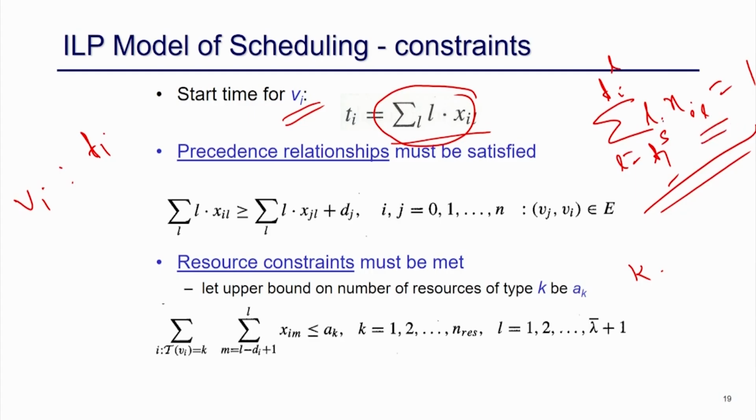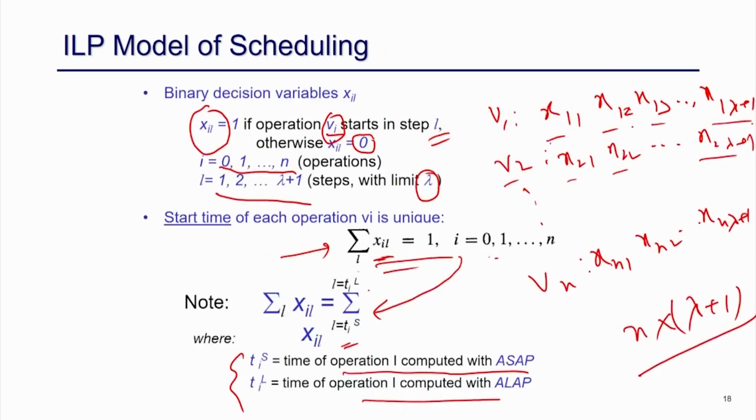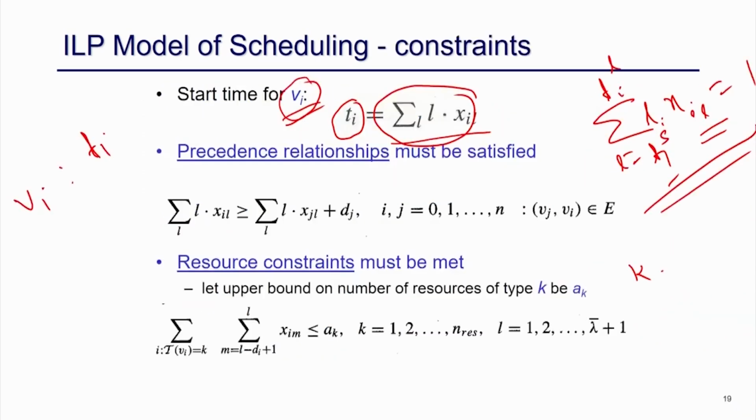If I multiply that with the k value, it will give you k. So the start time can be represented by l into x il. This is how I can find the start time, because I have to represent everything in terms of these variables, as these are the only variables I have, and I have to build the model using these variables only.